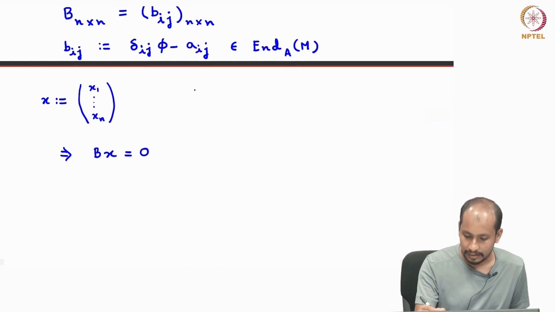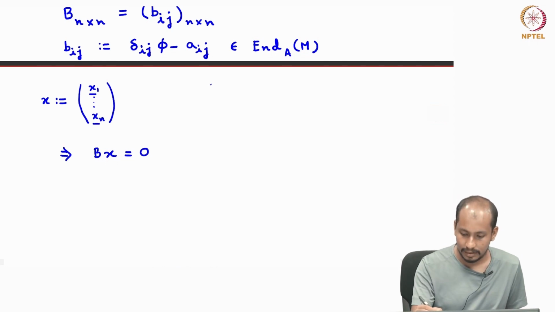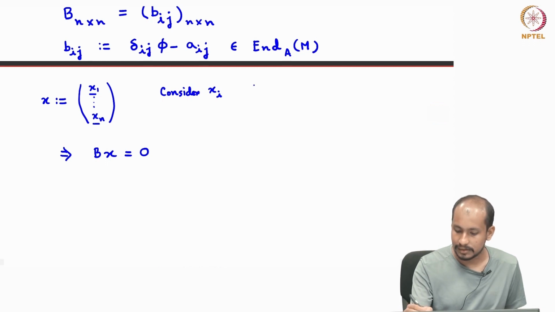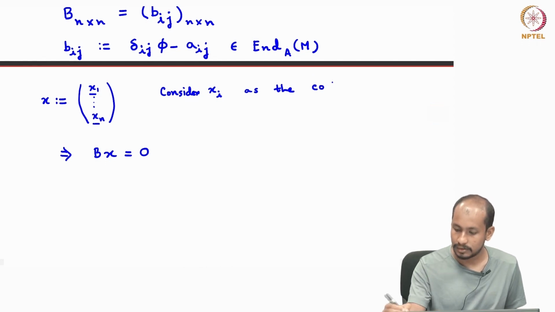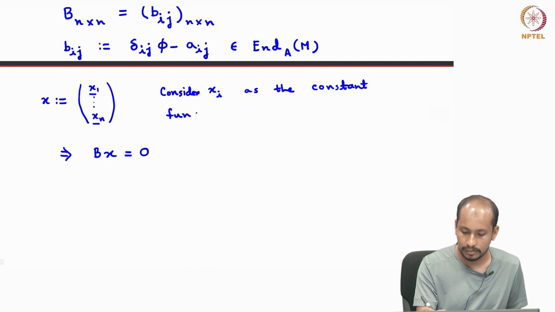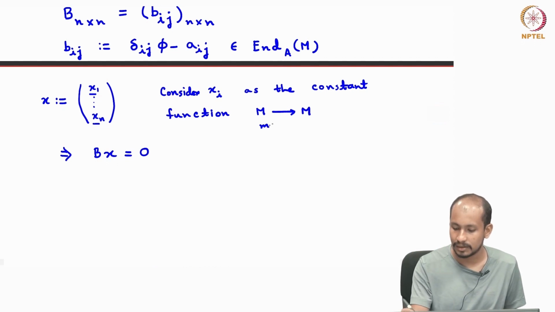We consider each xi as a constant function from M to M, which means each element goes to xi.